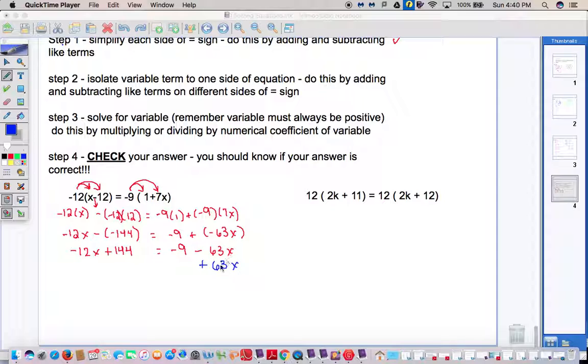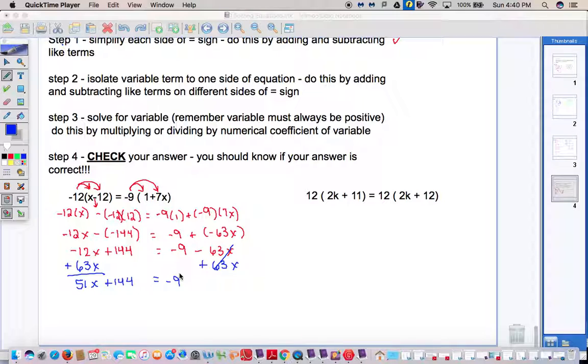So negative 63x plus 63x would cancel them out. But whatever we do to one side, you have to do to the other. So we're going to add 63x to this negative 12x. And when we do that, we get a positive 51x. Okay? So we have 51x plus 144 equals negative 9.